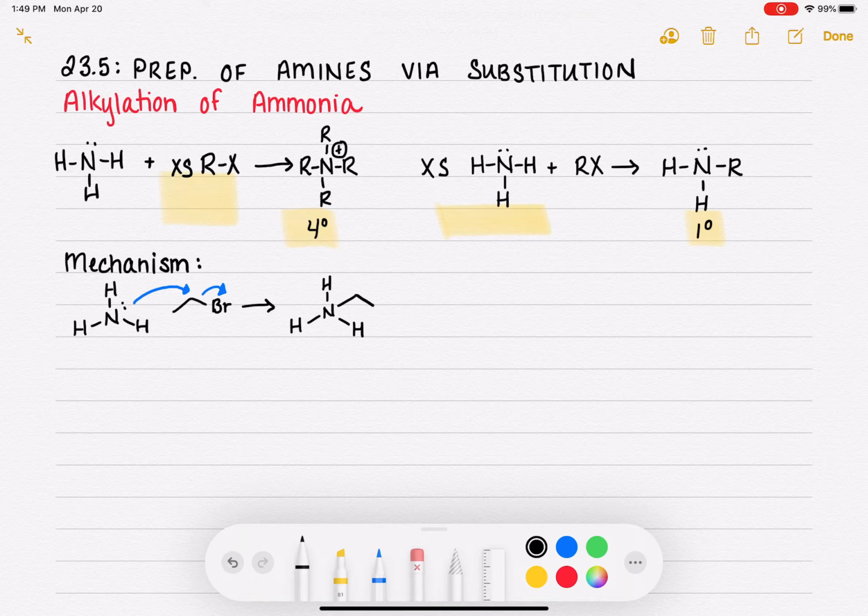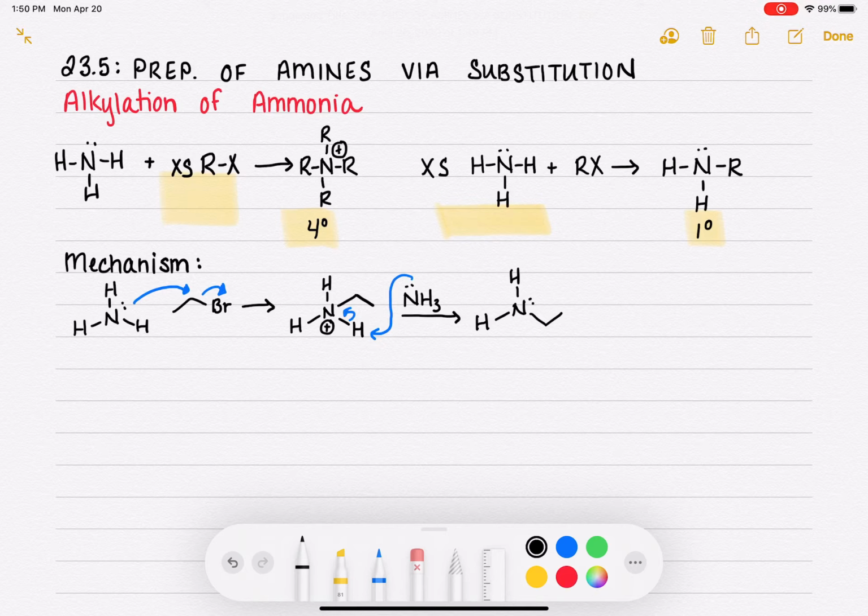And this is the intermediate that we make initially. And then we have another NH3 molecule that comes along because remember these are bases, the ammonia molecules are bases, and it will deprotonate the nitrogen by grabbing any one of the hydrogens, and this gives us our first, this would be our monoalkylated product.